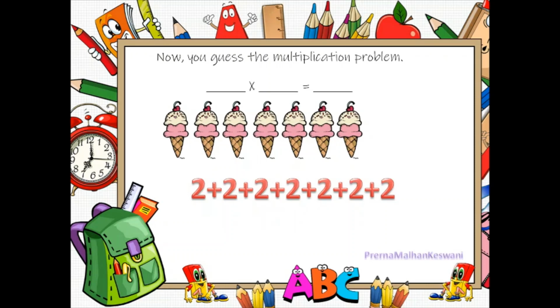How many times? 7 times. Or we can write it as 7 times 2. So you don't have to add 2 again and again. You can simply multiply 7 by 2 and that will be 14.